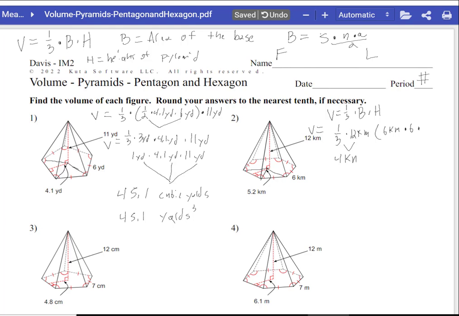And finally, the apothem, from the side to the center, is going to be 5.2 kilometers. And so we would get the volume is equal to 4 kilometers times 6 kilometers times 6 times 5.2 kilometers.